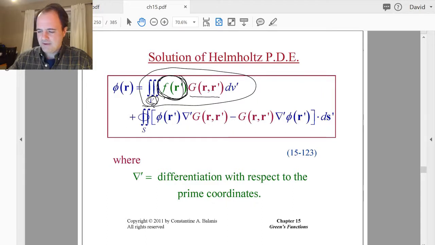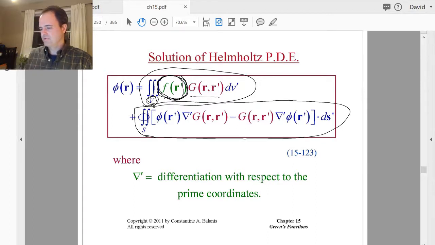But on top of that, we have surface terms, where the surface impacts phi. That's also involved in this calculation, all right?